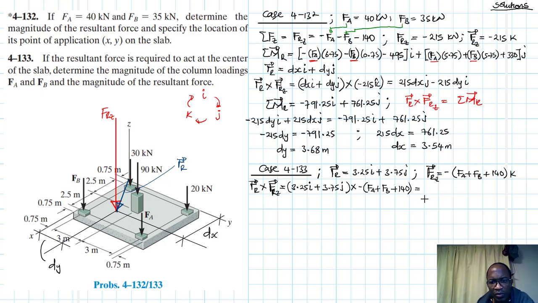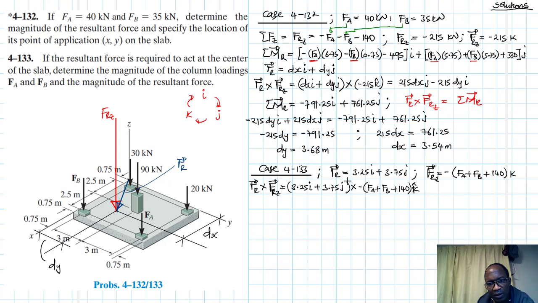So this is going to be equal to, using the same convention, I cross j is equal to k, j cross k is equal to I. In the opposite order, we're going to have minuses. So 3.25, that's j. J cross k, there's a k there, sorry. We are crossing two vectors.